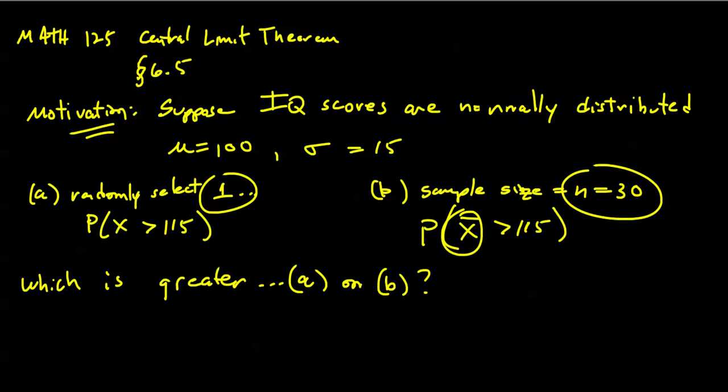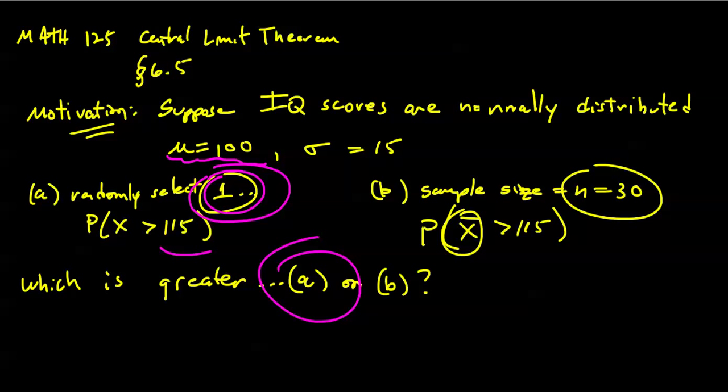And I claim A is greater. And it's easy to see why if you think about it. Here we're only talking about one score, and greater than 115 is certainly significantly above the mean of 100. So I claim it's easier for one value to be in an extreme range as compared to a sample from a group of 30 yielding a mean.